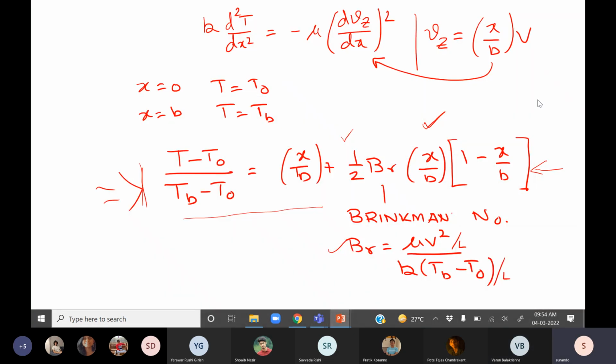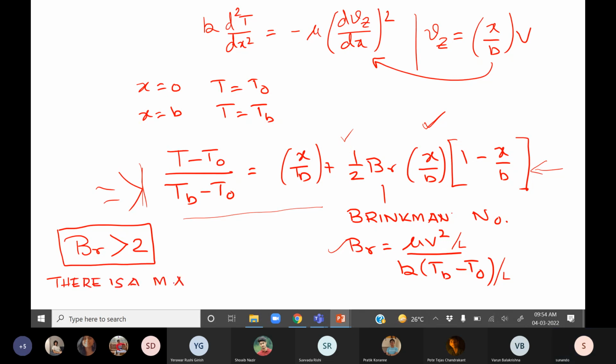You solve it in your own way, but whichever way you think right. But if Brinkman number is greater than 2, that's the condition. And Brinkman number greater than 2 would tell you that there is a maximum temperature at an intermediate position.